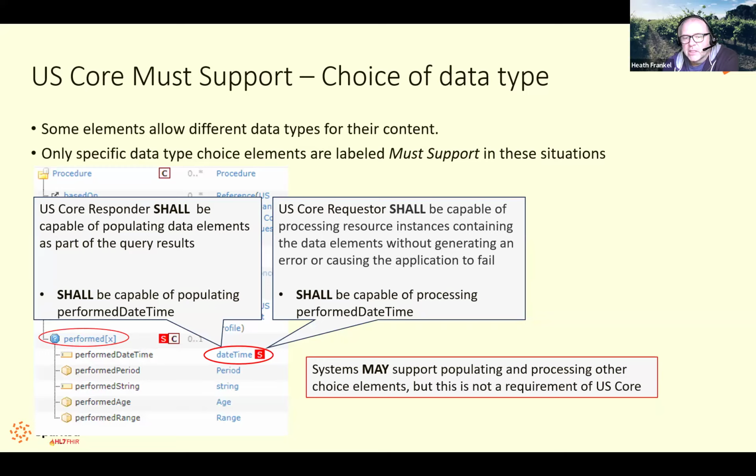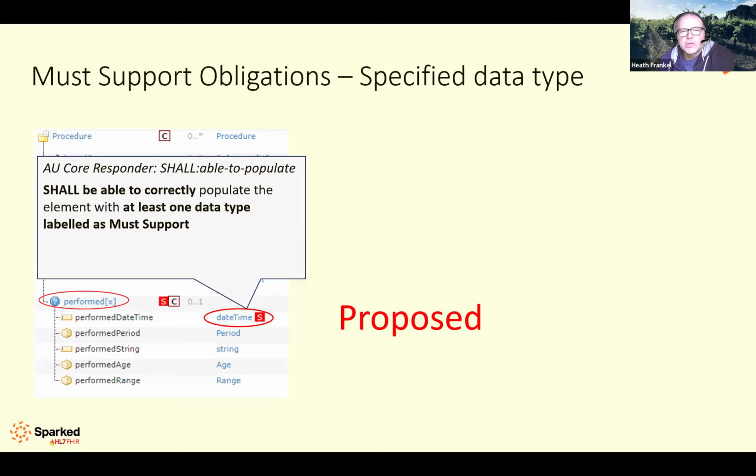So the requester obligation is only to support performed date time, even though the responder may send something like a period or an age. So I didn't know what to do with that situation last week.